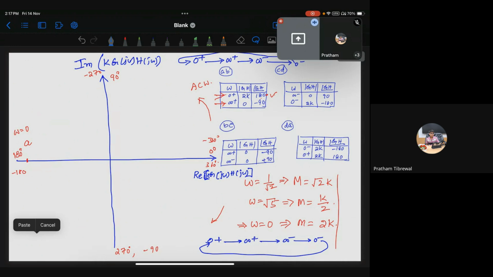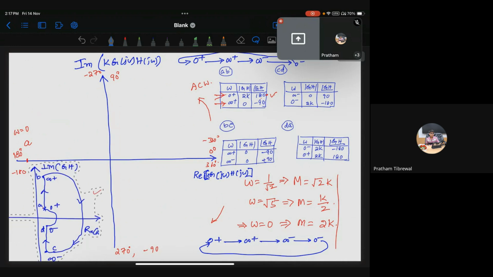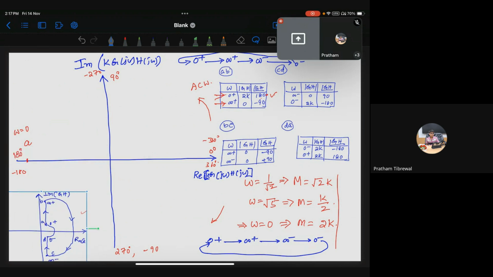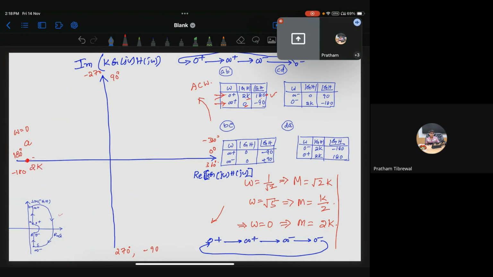So I'll keep this one. Hope you can see. This one starts at this point and ends at what? At minus 90, what is the value? 0. Here what is the value? 2K. And 0 is here.